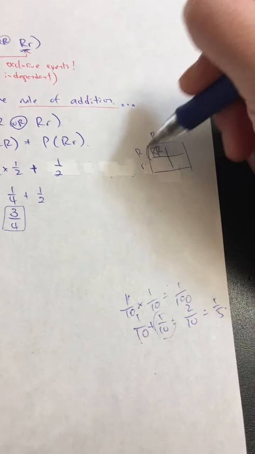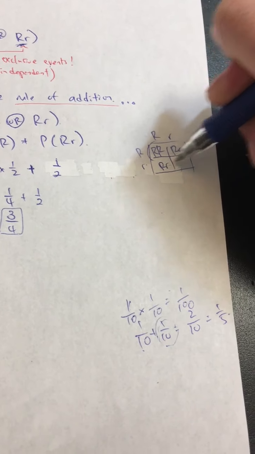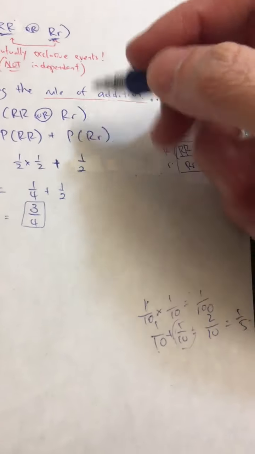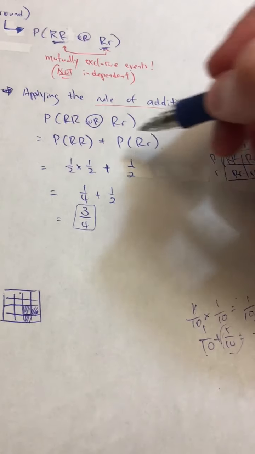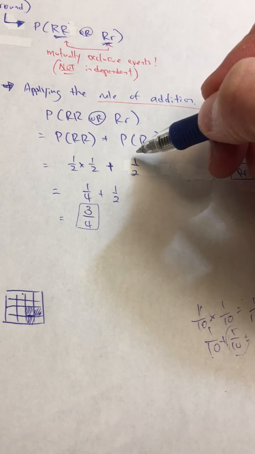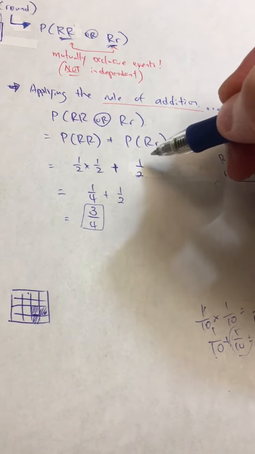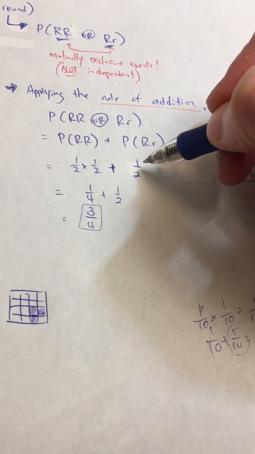That's this one right here. And then what's the probability of the offspring being big R, small r?